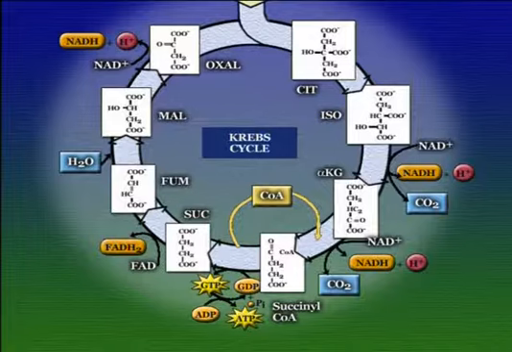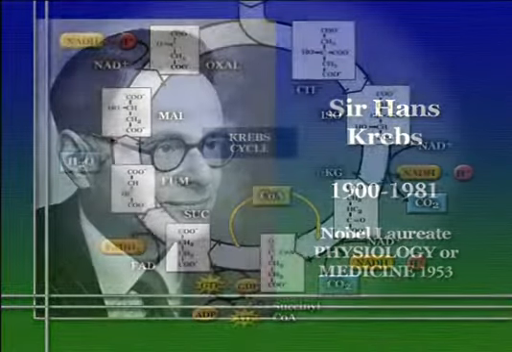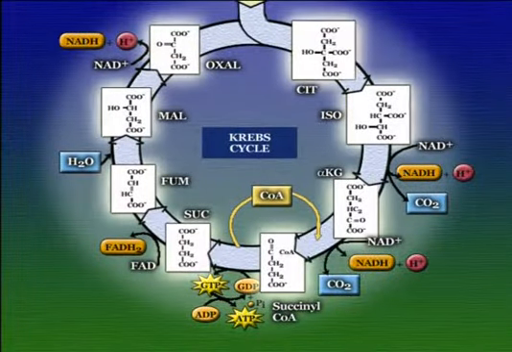When Hans Krebs, in the 1930s, remember he's the scientist for whom this process is named, and other biochemists started to look in detail at the reactions involved in the oxidation of acetyl-CoA, they noticed an unusual pattern. They noticed that none of the 8 intermediate compounds, there are 8 compounds in this cycle, none of these 8 compounds ever got used up in any sense.